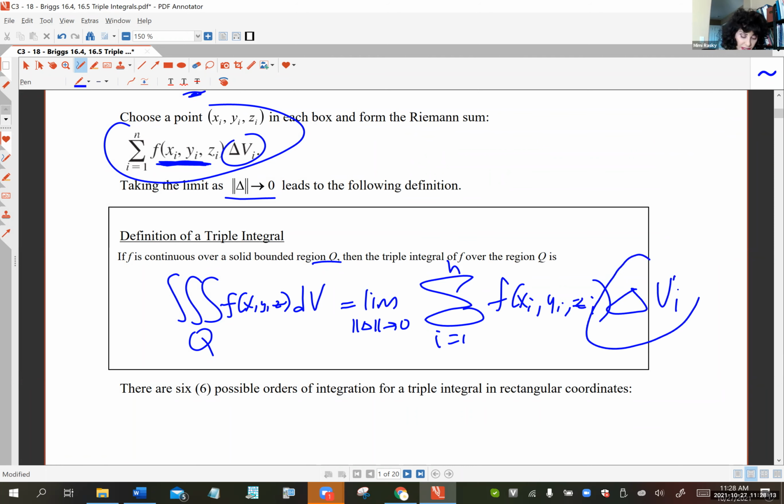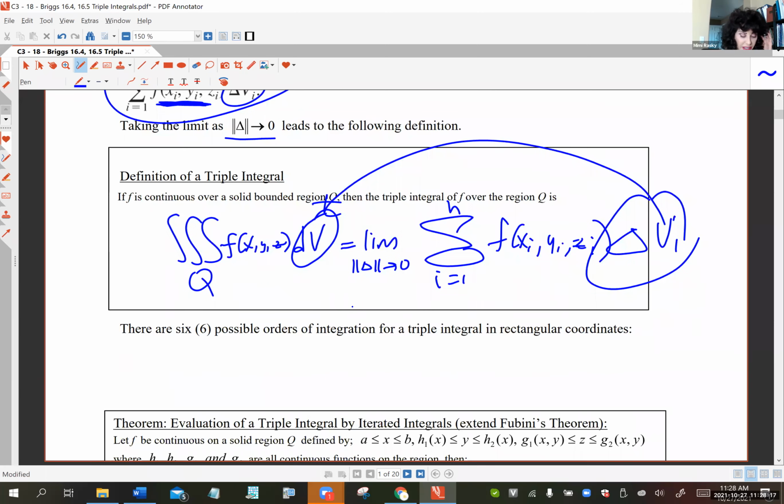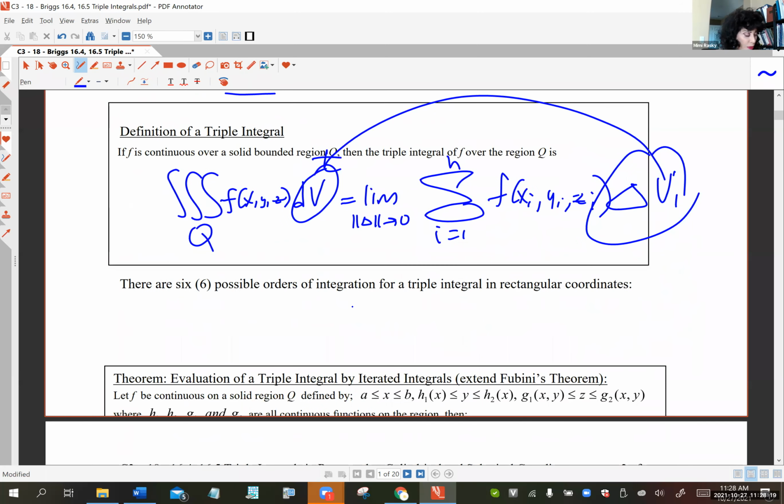So this delta V sub i turns into dV, as you can see. Now, what about this dV? Provided the limit exists, because it might not. We hope it does.